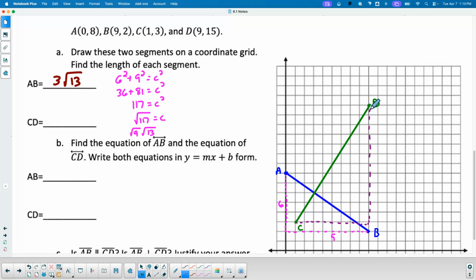1, 2, 3, 4, 5, 6, 7, 8. 1, 2, 3, 4, 5, 6, 7, 8. Now let's count the other one. 1, 2, 3, 4, 5, 6, 7, 8, 9, 10, 11, 12, 13. Wait, that should be 12. Did I count wrong? 1, 2, 3, 4, 5, 6, 7, 8, 9, 10, 11. Yep, should be 12. My fault.